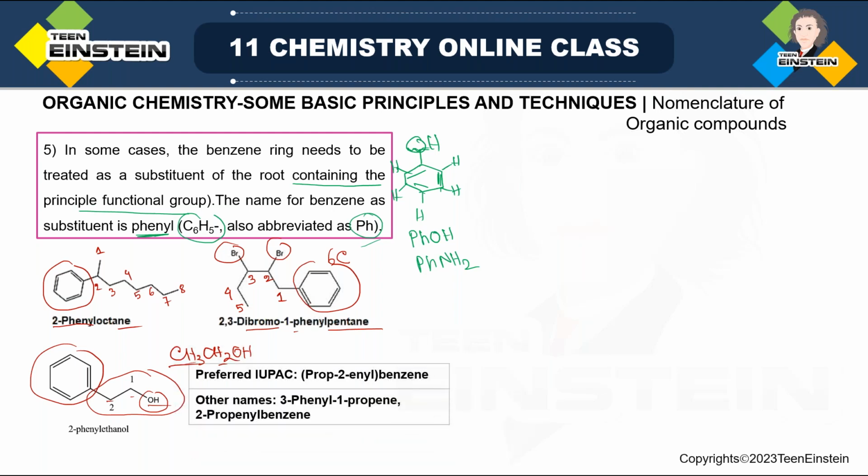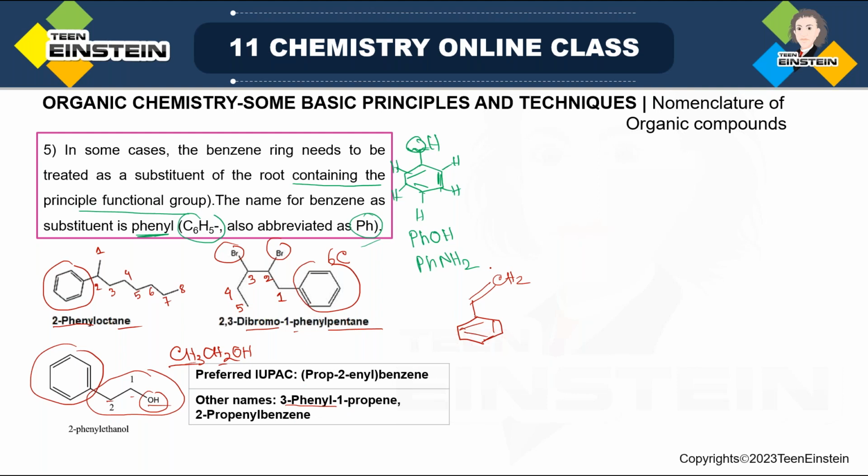Now one more example we will discuss here, for which you can already see the IUPAC name. Suppose you have a benzene ring, and with that we have a C=C double bond. In this case, this is the correct IUPAC name, 3-phenyl-1-propene.